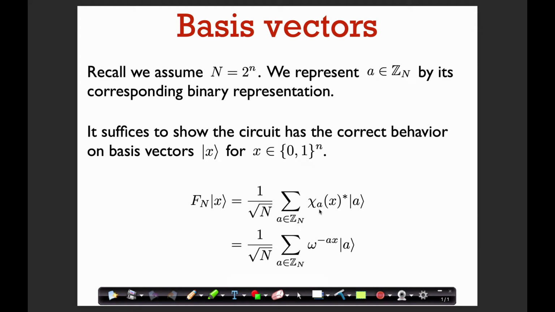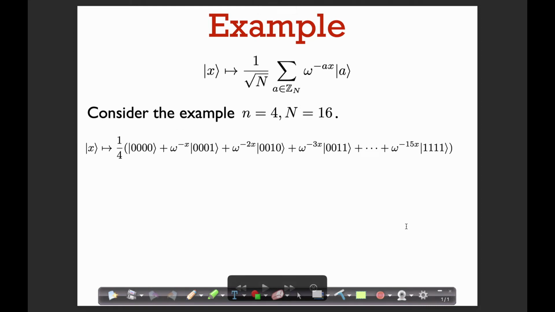And we know that chi-a of x star is equal to omega to the minus ax, where omega is e to the 2 pi i over n, our primitive nth root of unity. We want a circuit that for every basis state x transforms x to this state here. Let's look at an example to get our bearings. Let's say we're looking at 4-bit strings, so little n is 4, capital N is 16. Again, this is the behavior that we want.